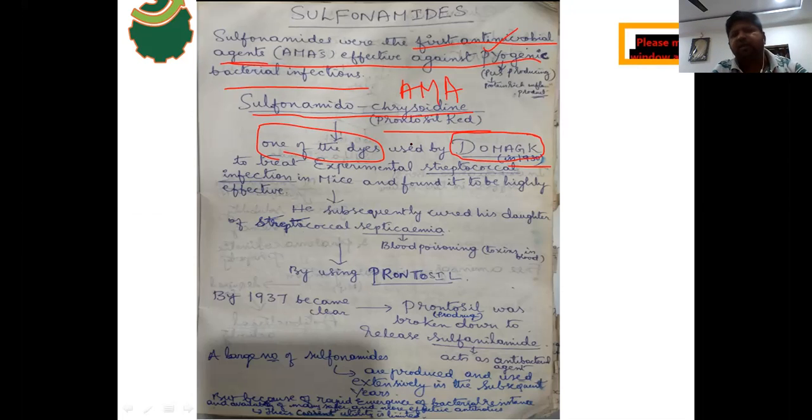After inventing this drug, he used it in the treatment of streptococcal infection in mice, and he found that the drug is highly effective.